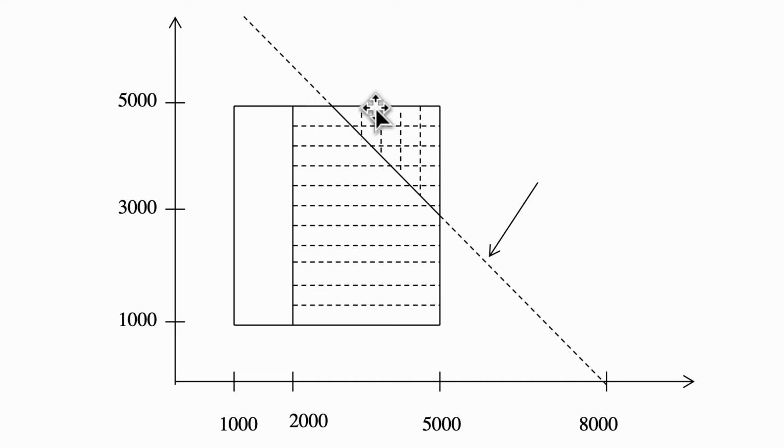But what is that probability given that we are only in the area where X value exceeds 2,000? So given that we are in this rectangle marked here from 2,000 to 5,000 for X and from 1,000 to 5,000 for Y, what are the chances that we're in this triangle which is above the line where X plus Y is 8,000?